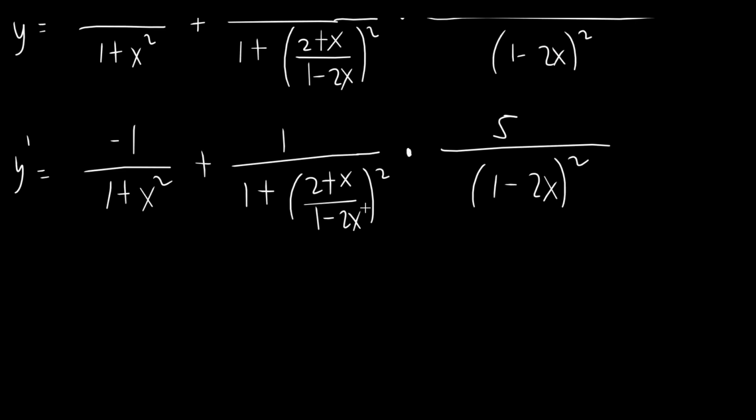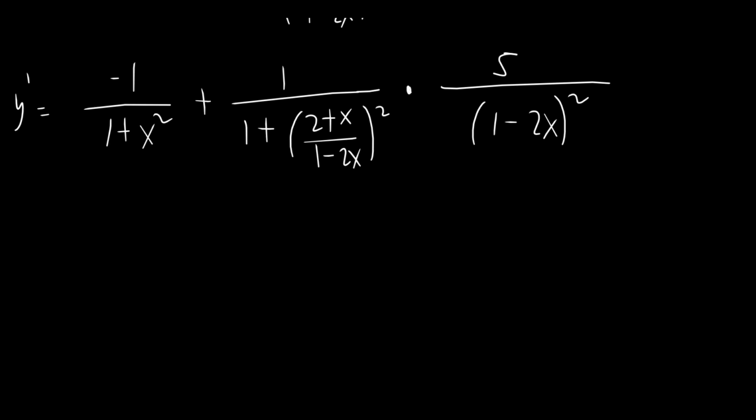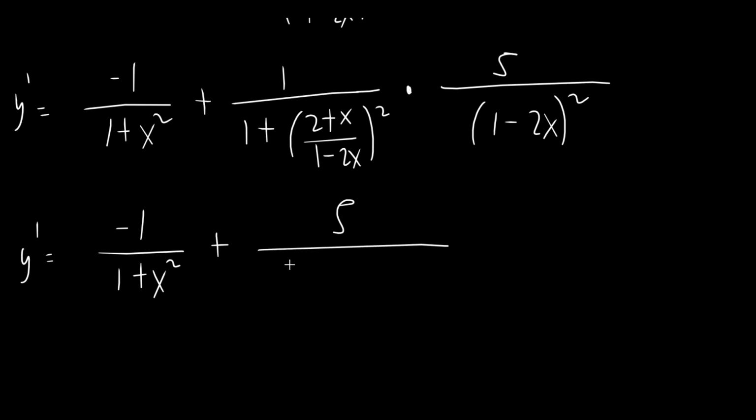So we'll distribute: copy the first term, 1 plus x squared, plus 5 all over 1 minus 2x raised to the power of 2, times 2 plus x raised to the power of 2. The denominators have the same term and it will be cancelled.